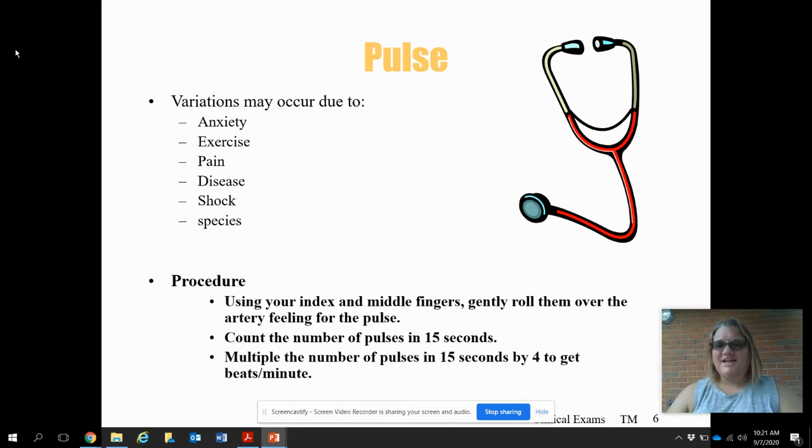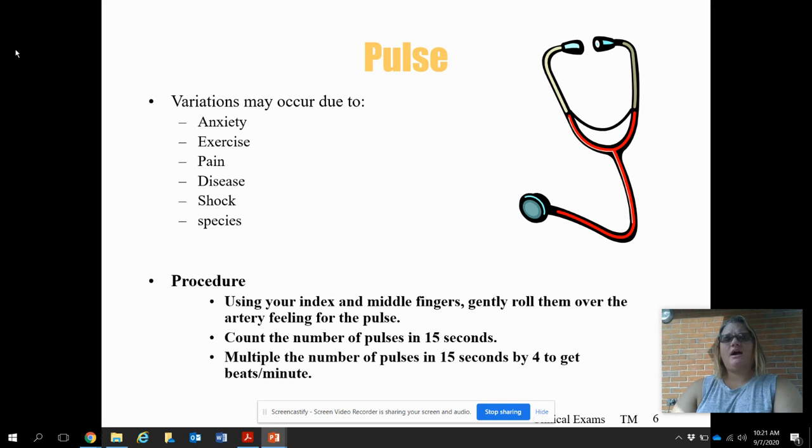Yes, animal's left side. Sorry, had to double check and make sure my right and left were correct. In horses, it's right behind the elbow on the chest wall is where you want to listen. Same with dogs and cats, right behind the elbow against the chest wall is where you would put the stethoscope to listen for that heart rate.